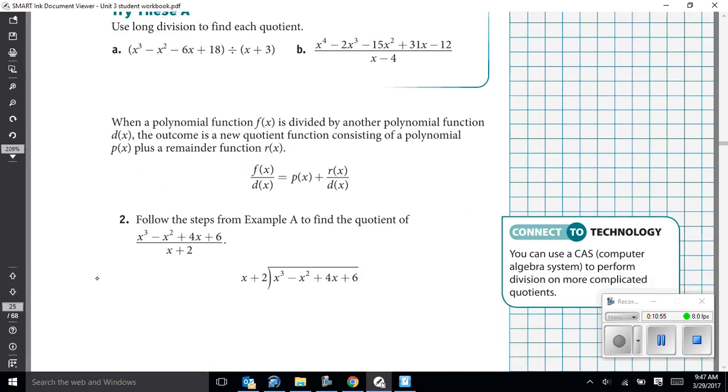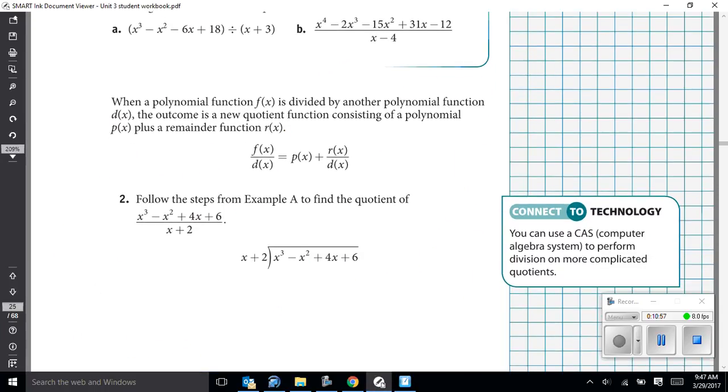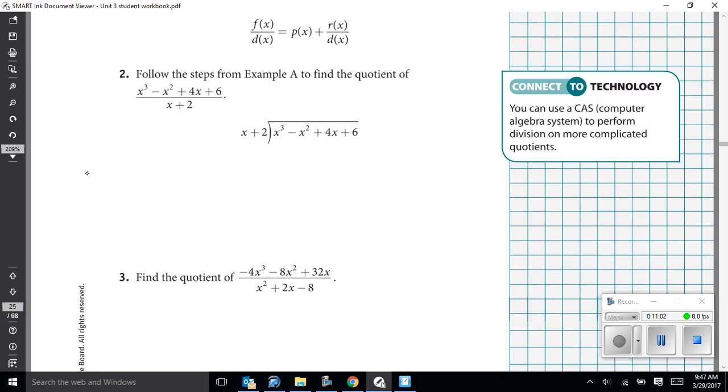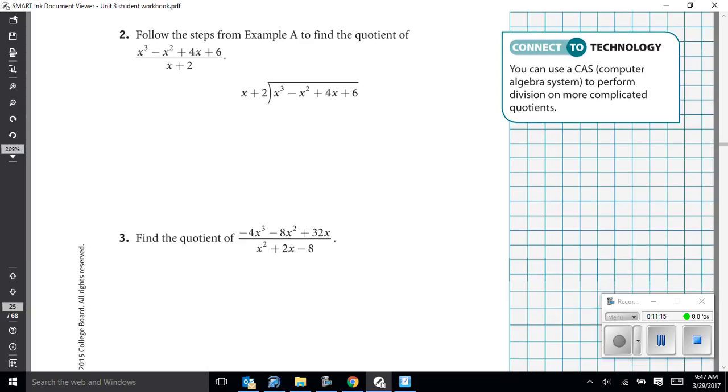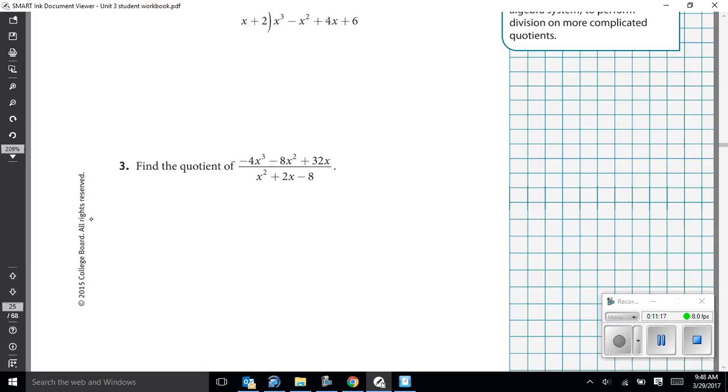Let's see. All right, so I guess the next ones have remainders. All right, so let's look at number 2. All right, so 2 and 3 are following the same format.